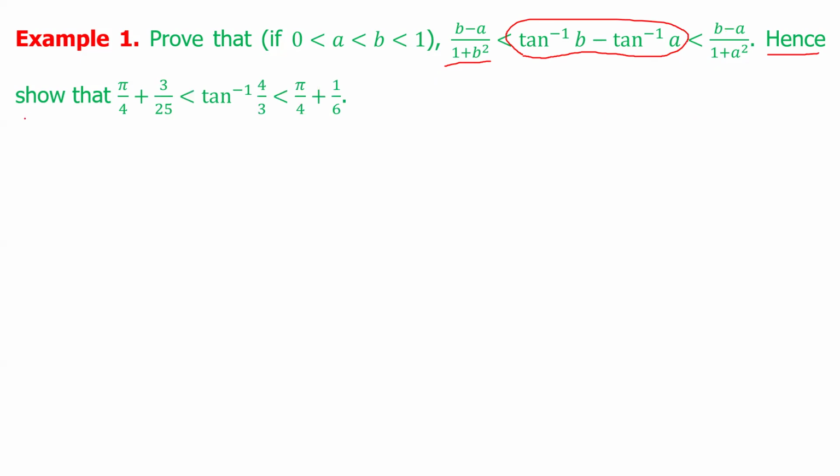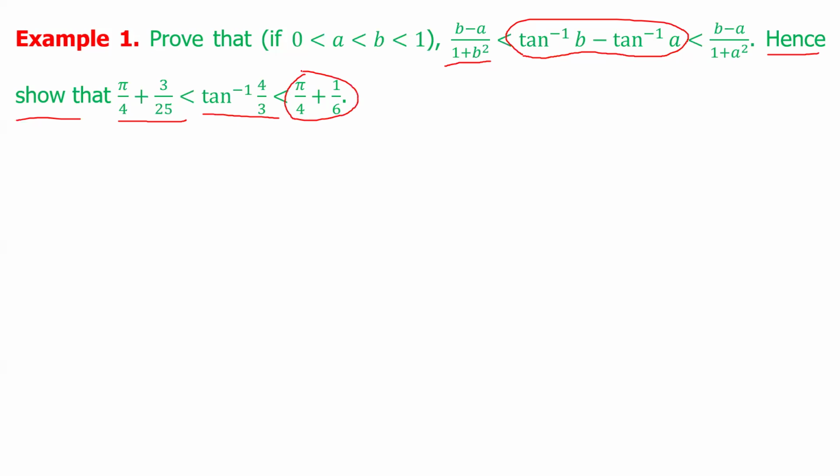Hence, show that pi by 4 plus 3 upon 25 is less than tan inverse of 4 by 3, which is less than pi by 4 plus 1 by 6.